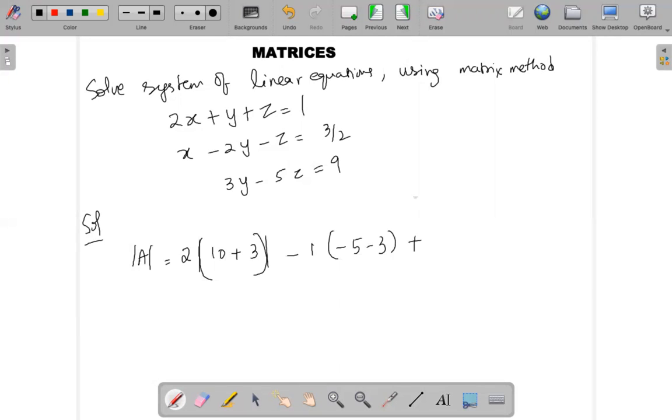And next will be 0. After simplifying, you get 26 plus 8, which is 34, which is not equal to 0.